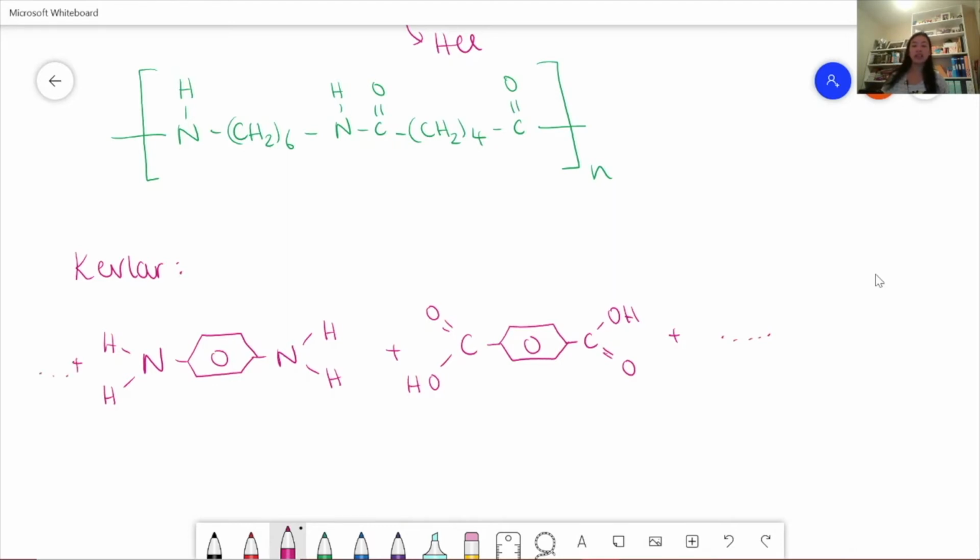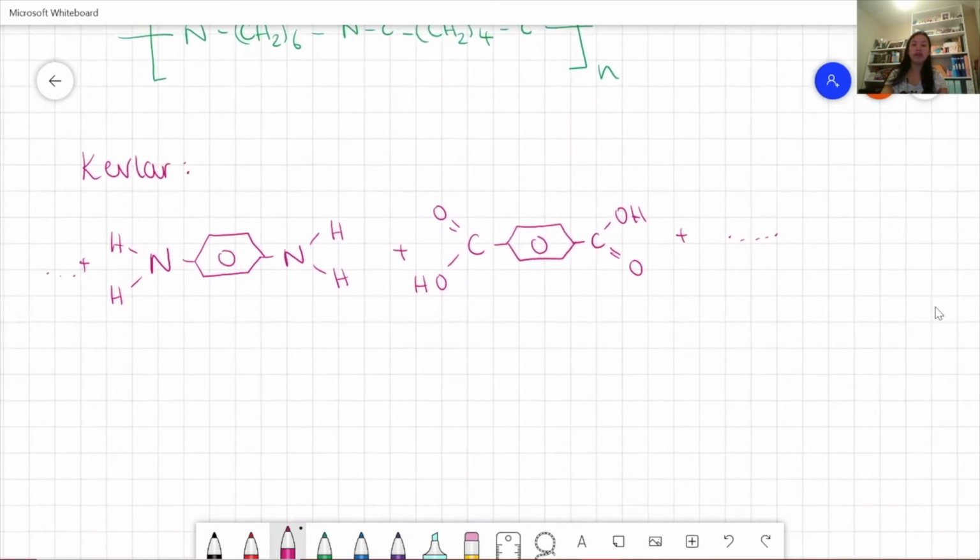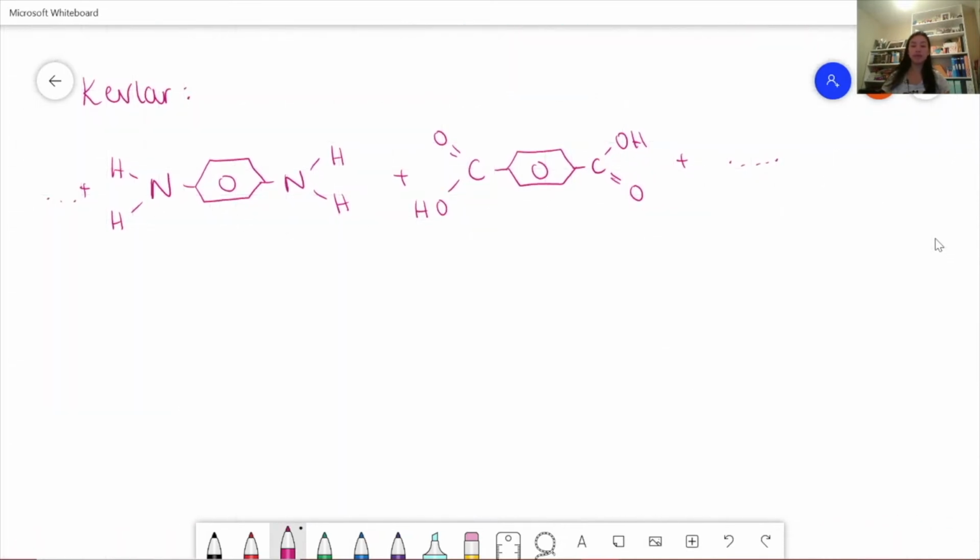And you can see that this is quite easy to remember because they're both based on benzene, and they're both on 1 and 4, both of either the amine or the carboxylic acid groups. And so the two monomers for Kevlar are really easy to remember. And then what happens is that we liberate the waters, and so on down the line.